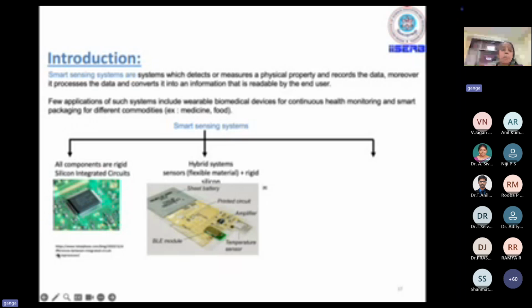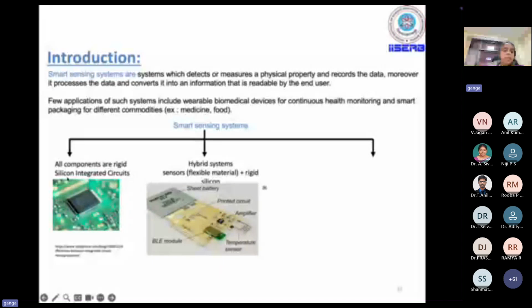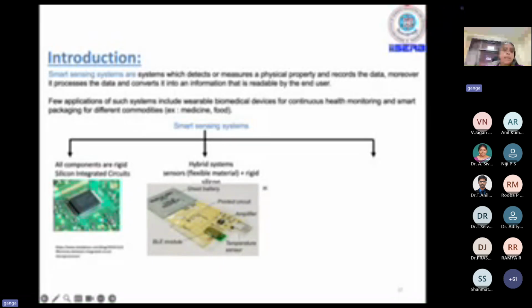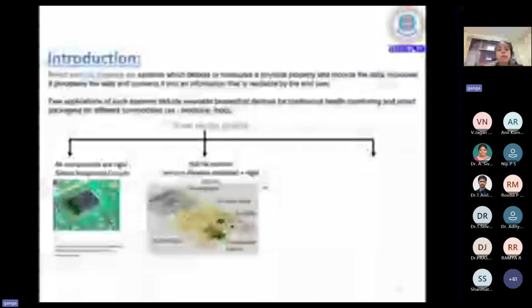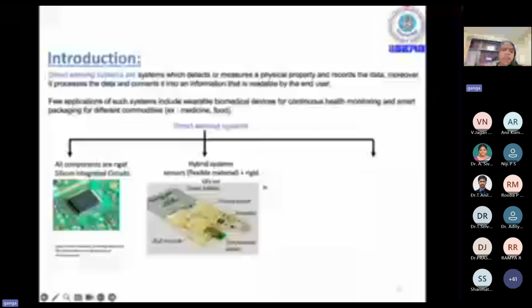As we know, the conventional or traditional practice has been to use rigid silicon integrated circuits. We are quite familiar with them and we see them in our day-to-day life. Now, in niches of applications where we need compact, robust, low-cost systems, we would need flexible electronics. But then, getting everything on a flexible substrate is very, very challenging.